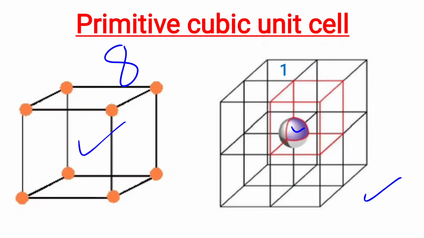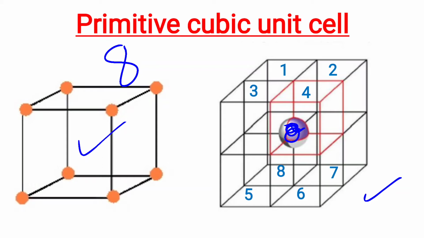See here, 1, 2, 3, 4. This particular atom belongs to all the numbered unit cells that you can see there, 1, 2, 3, 4. Also it belongs to the unit cells a layer below it, that is 5, 6, 7 and 8.